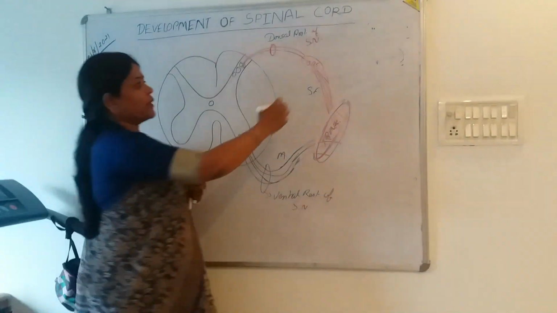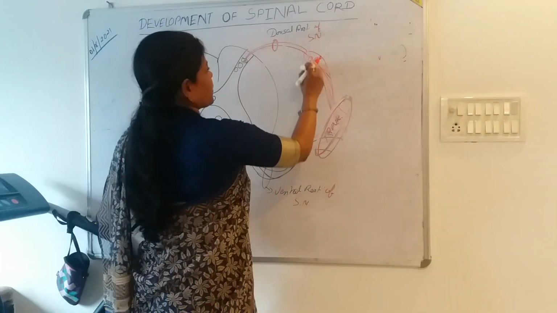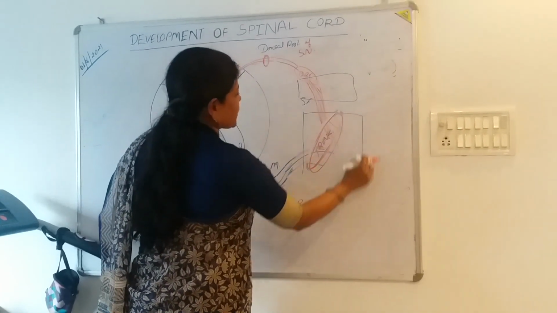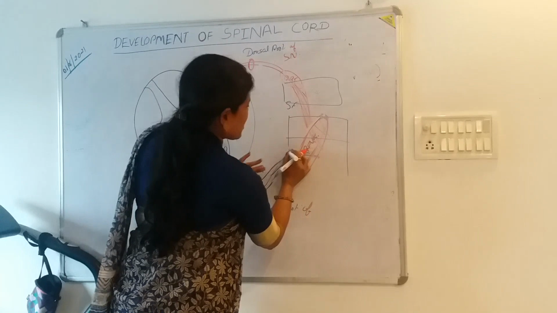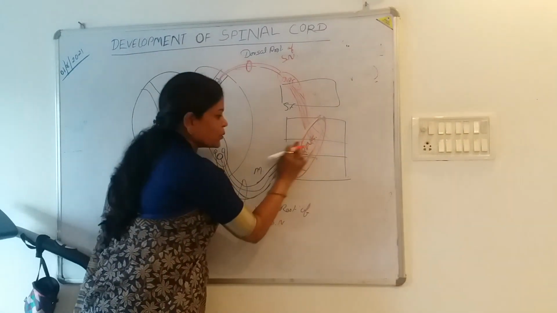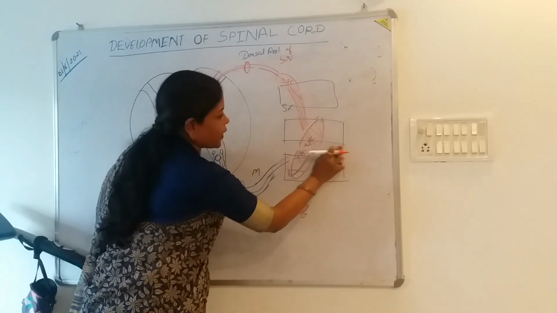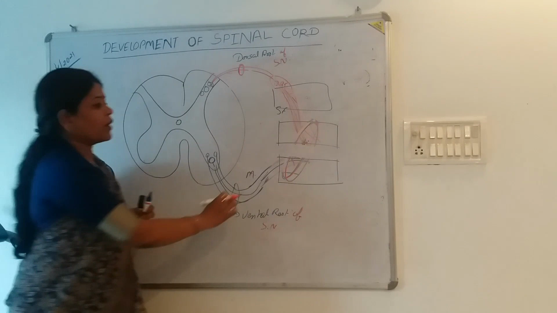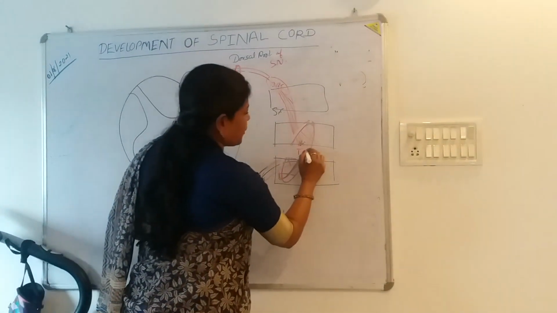That means suppose the vertebrae are present here. Sometimes you might be asked through this intervertebral foramina which part of the spinal nerve, the trunk of the spinal nerve, is passing.